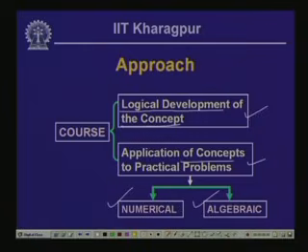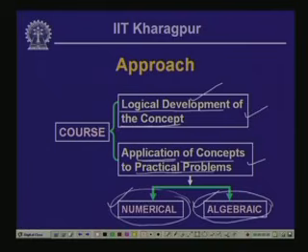So, this is what is indicated over here, that the application concepts which we derived in the initial stage, when they are applied to practical problems, could be applied to numerical problems or to algebraic problems.